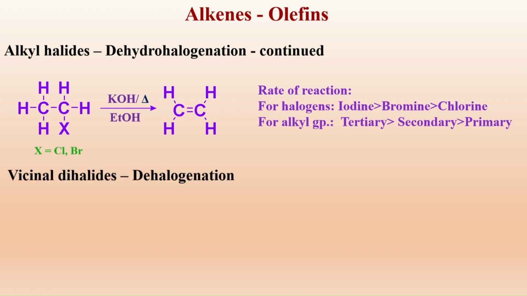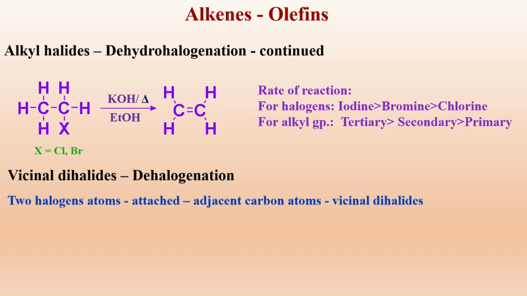If I take vicinal dihalides and dehalogenate them, we get alkenes. This is the third method of preparation of alkenes. What are vicinal dihalides? These are carbon compounds that have two halogens.